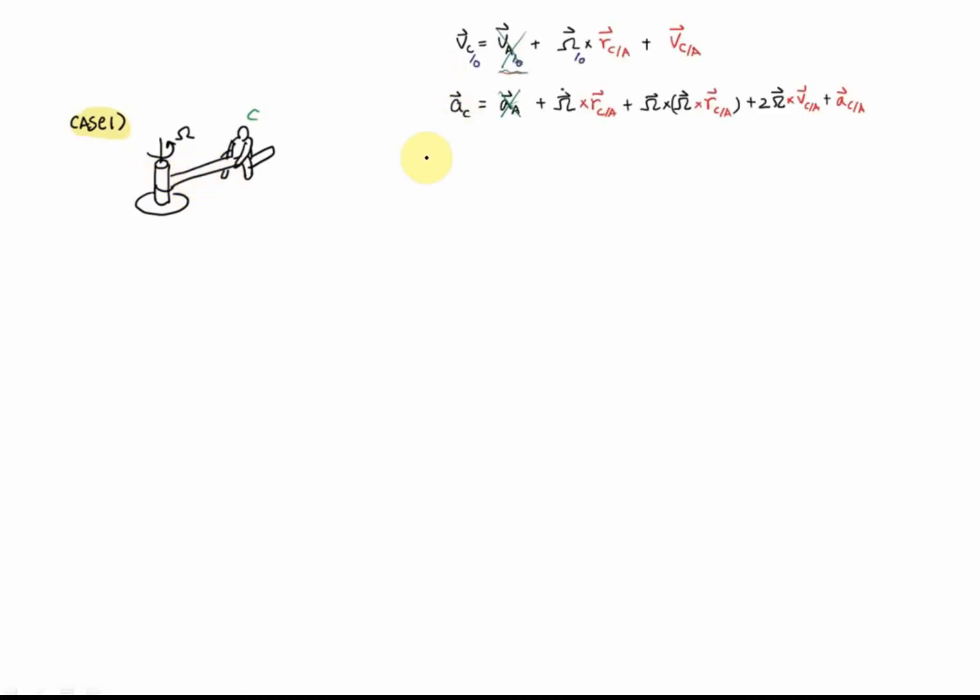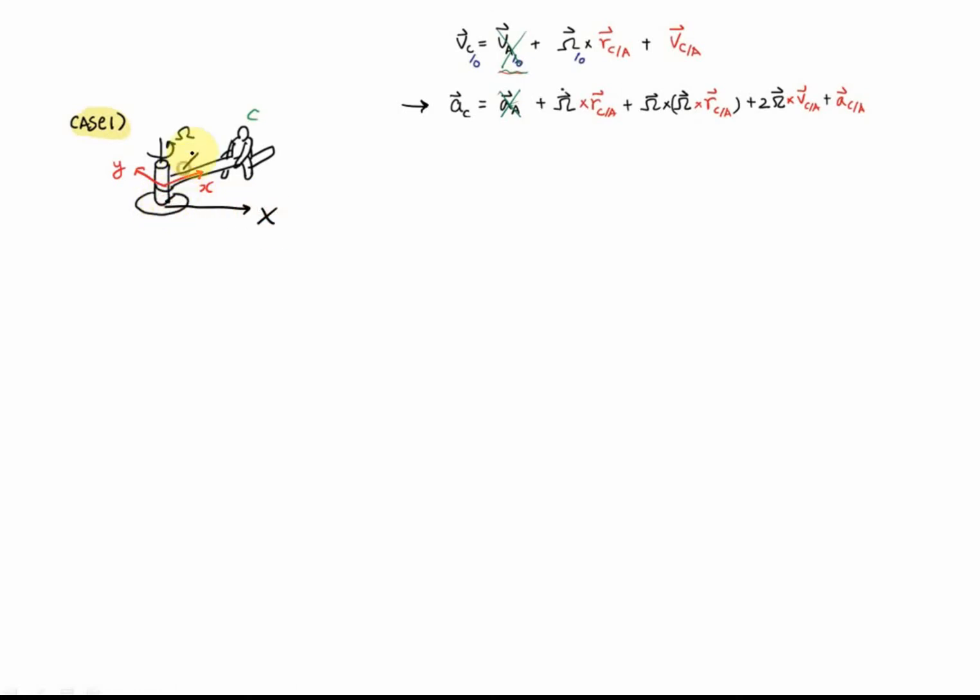If you look at this equation, all the red color represents your position vector and velocity or acceleration terms expressed with respect to the rotating frame. So what I mean by rotating frame is you set the rotating frame x, y, and then we have a fixed frame, so our fixed frame is on the ground, okay?